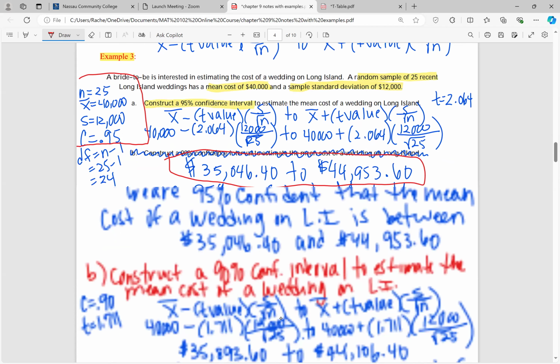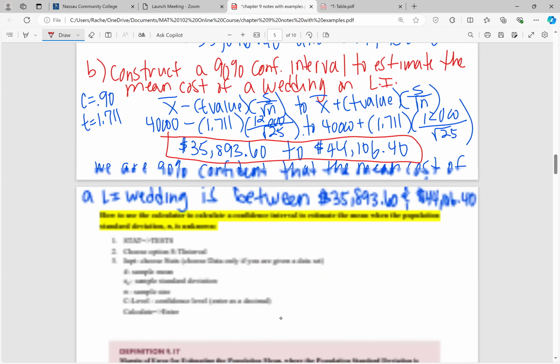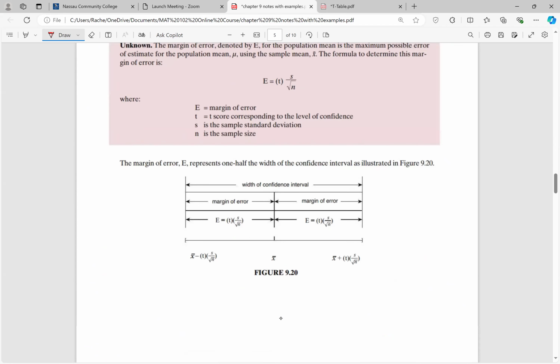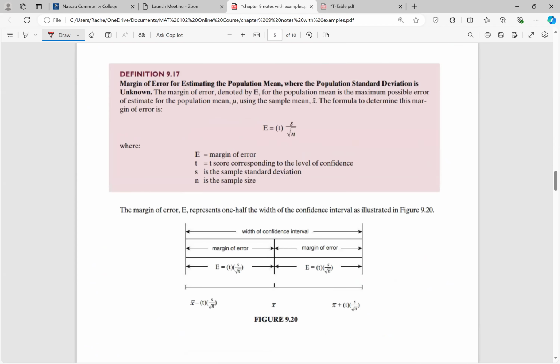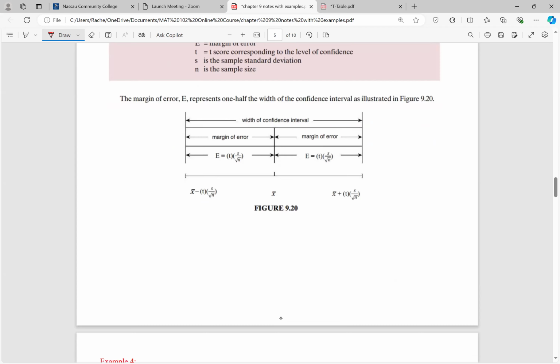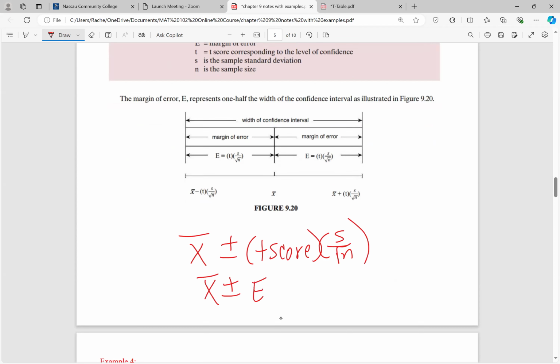So basically what we're doing when we construct a confidence interval is that we're taking X bar, the point estimate, and we're adding and subtracting the margin of error, right? We're taking the t-score multiplied by the standard error, which is just E. So we're taking X bar plus or minus E, the margin of error, right?